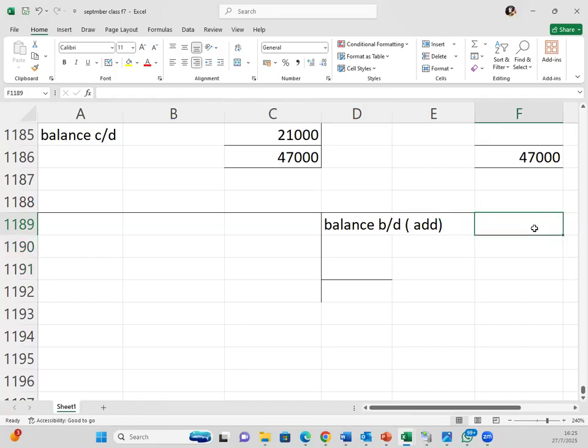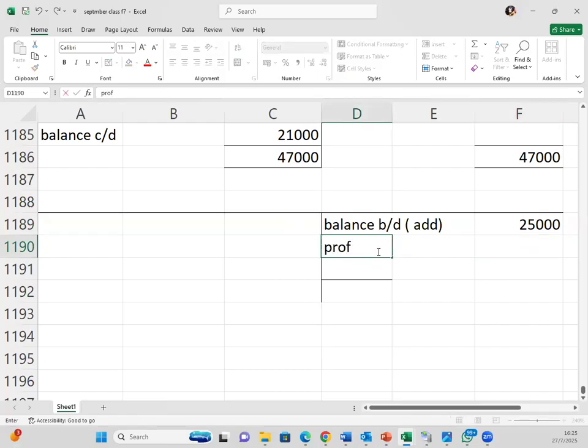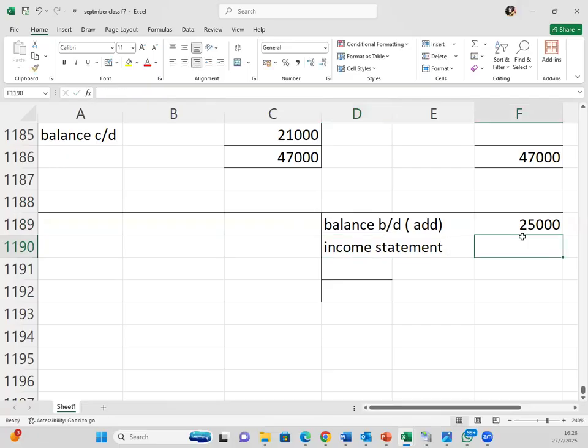Let's say a case where the current liability tax is 2,000, but the deferred tax is 23,000. You add that. Then the amount of tax in the profit and loss or income statement is put here.